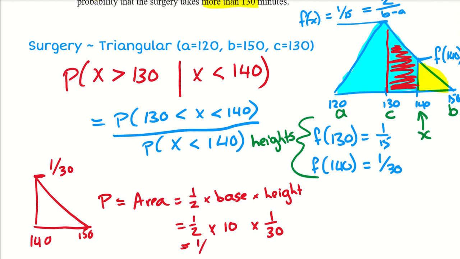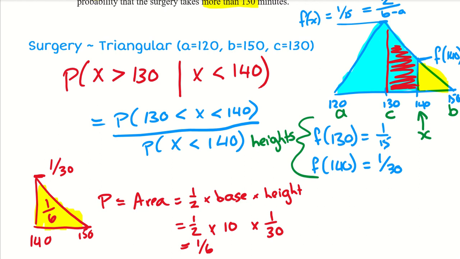So that is 1/6. So that's what I found, that the area of that piece there, this yellow piece that I've got there, the area of that is 1 over 6. Okay, now we did find, remember, from the previous question, the chance of being below 130.